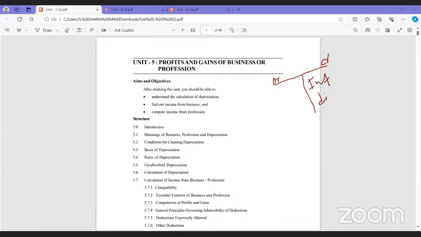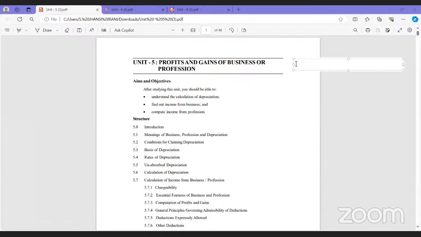Now, why are we calculating income from business again? Because from the perspective of the owner of the business, I always tend to earn more profits, but always try to pay less tax or no tax to the government.